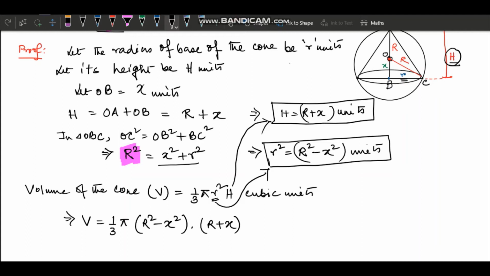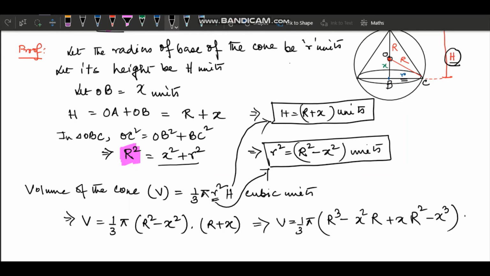So then we can just simplify this. We can multiply the two expressions to get a simplified form for V. So we are getting R cube minus x square R plus x R square minus x cube.